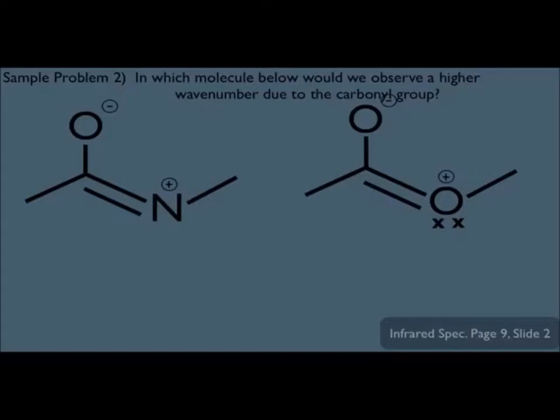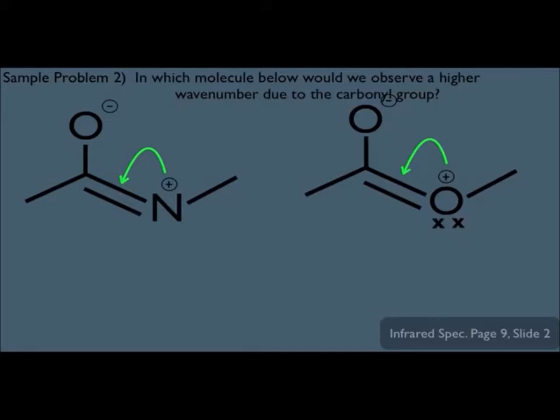So at first glance we would probably think, well, the wave numbers should be roughly the same. But careful here, these resonance structures all rely on the fact that either the nitrogen or the oxygen has to give up electrons and move in that direction. And the question is, which atom is more likely to give up the electrons, or which atom is less likely to give up the electrons?